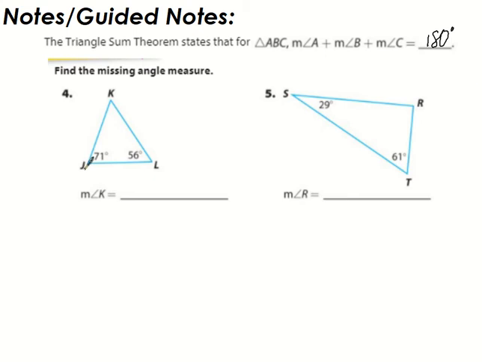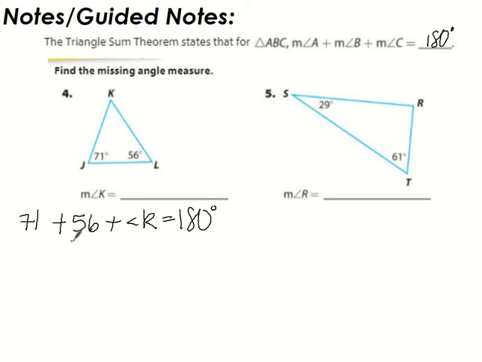So we have angle J, angle L, but we need angle K. So we take our three angles, 71 degrees, add it to 56 degrees, and add it to angle K, and it will equal 180 degrees. So you can kind of do this in two ways.